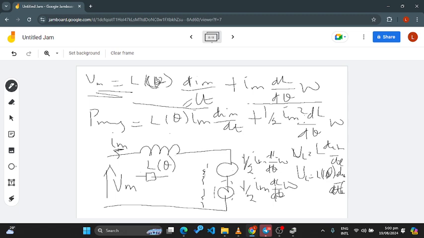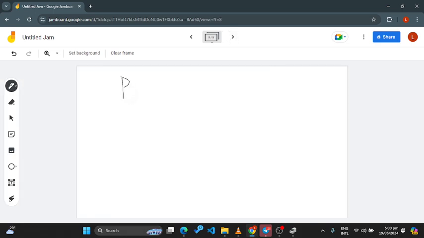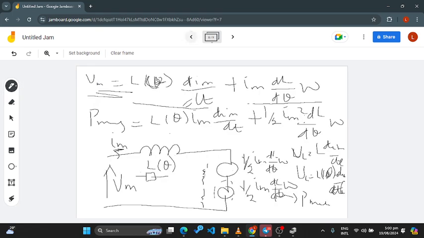Then let's look at something. We are saying that this is what gives rise to the mechanical power. Why? We saw that the mechanical power is giving us half Im squared dl d theta omega, right? So look at this.